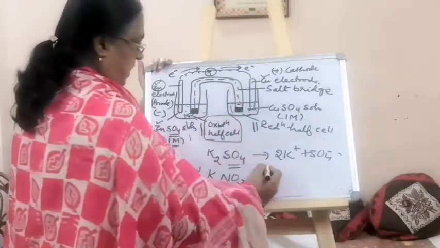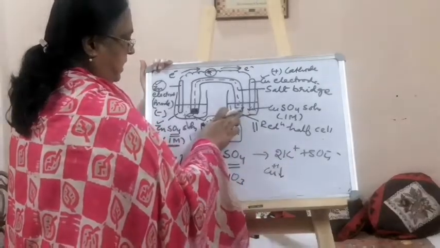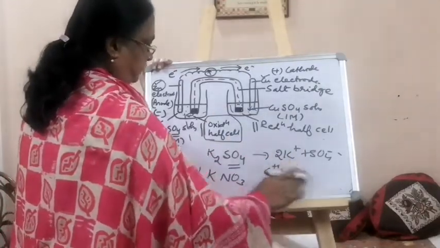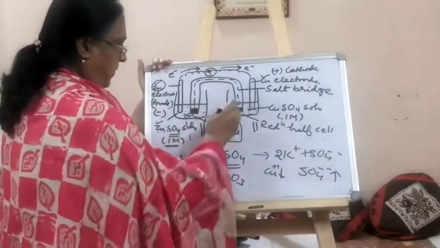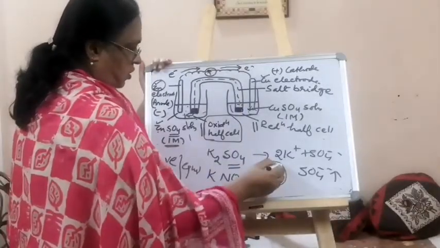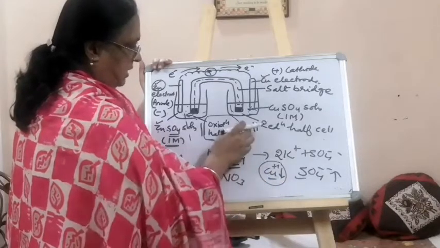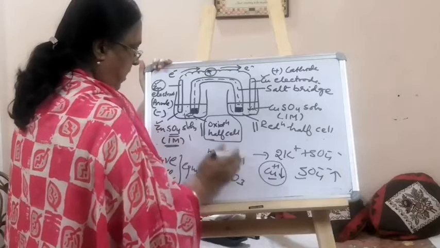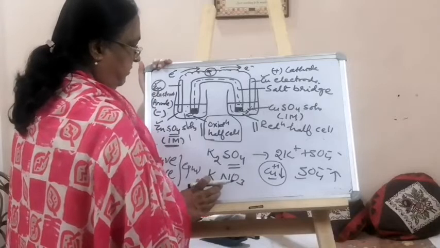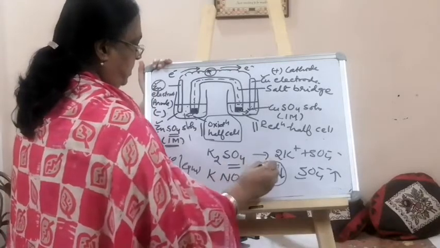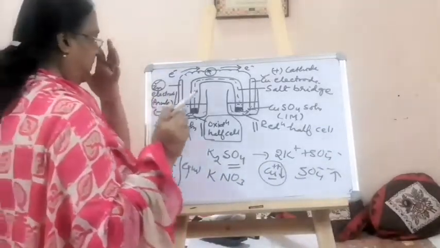In this case, the concentration of copper ion is decreasing, so to avoid imbalance between positive and negative ions in this half cell, some of the positive ions, potassium ions, will travel from the salt bridge into the solution. The positive and negative charges will be balanced and electrical neutrality will be maintained.